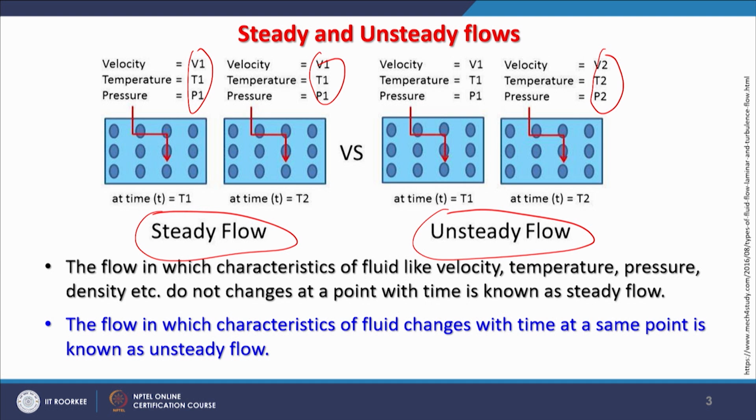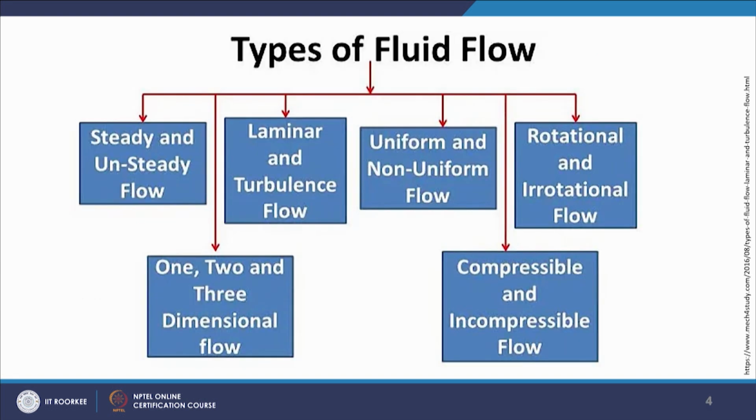So, flow in which characteristics of fluid change with time at the same point is known as unsteady flow. Now we have understood what steady flow and unsteady flow are. Getting steady flow might sometimes be challenging because these things might change with distance, but nonetheless we will see further on this.